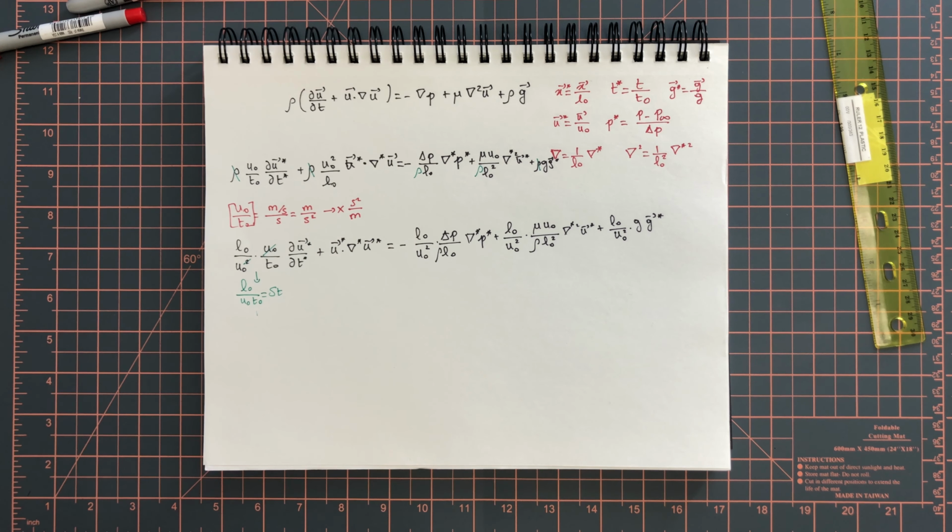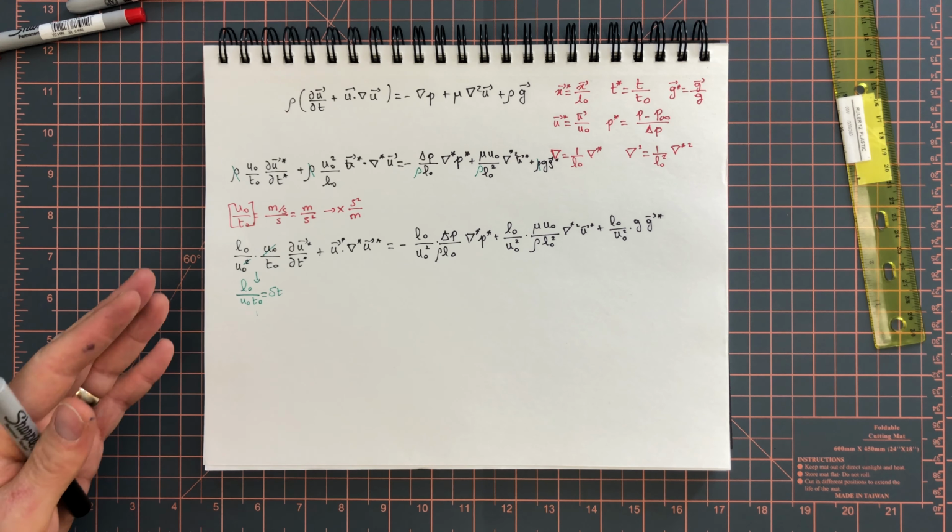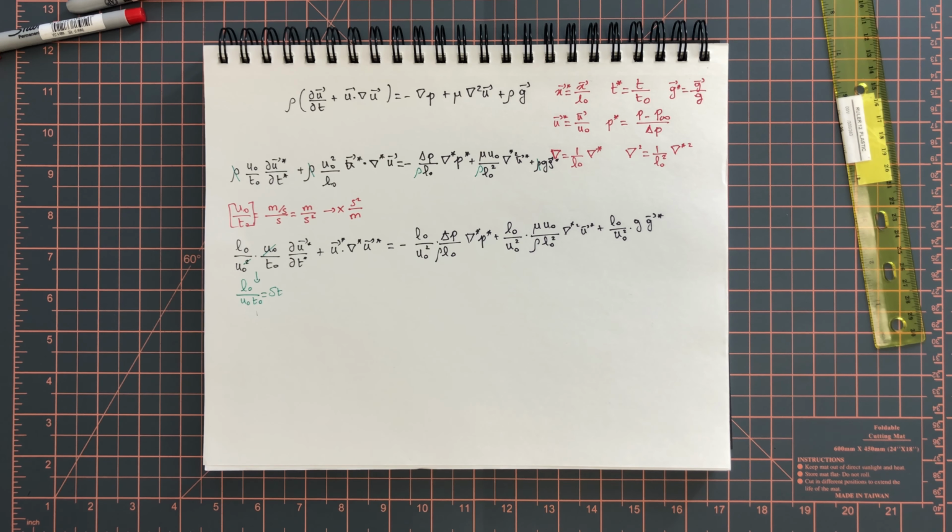Well, what if you have some time-dependent boundary conditions whose scale, or the frequency by which the inflow is changing, is much smaller than the L0 over U0, so you'd have to choose that as the time scale. Or if you have vortex shedding, for example, or some oscillatory behavior in the flow that you need to account for, then you would choose that time scale, and that would give you the Strouhal number.